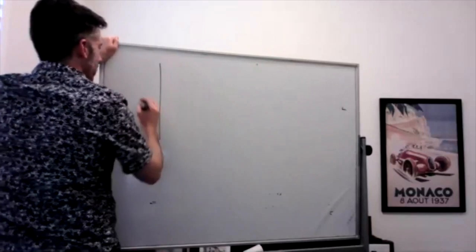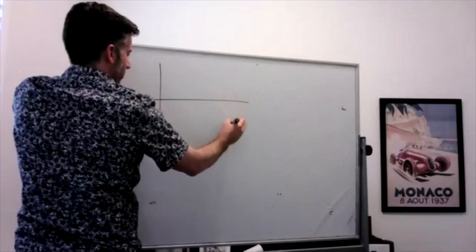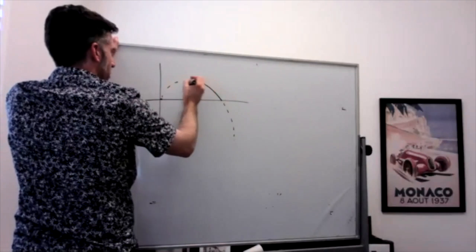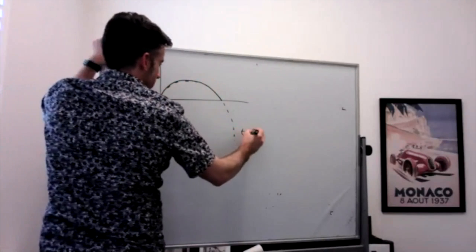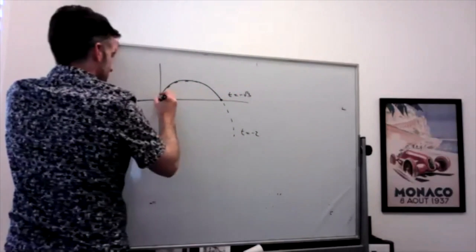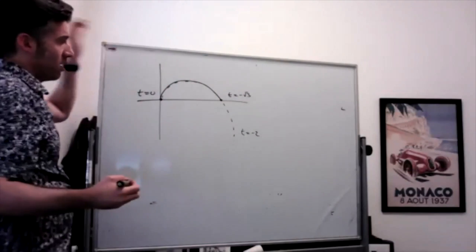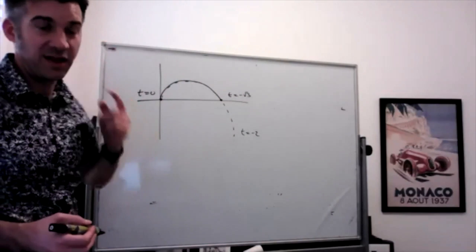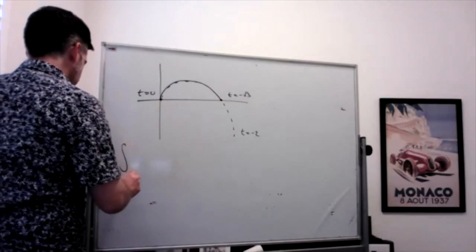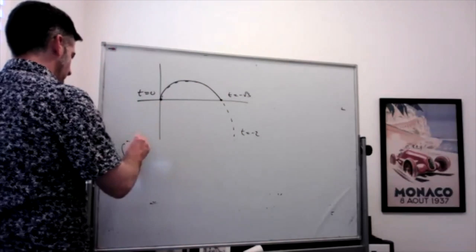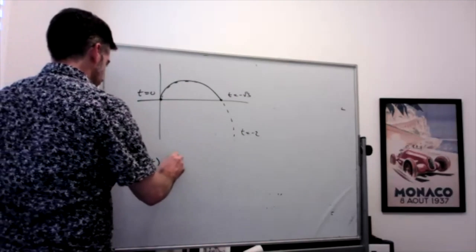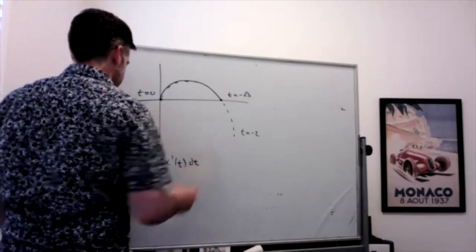So for this portion of the curve, when we go from t equals -√3 to t equals 0, we have to integrate from left to right, meaning we actually need to do the integral from 0 to -√3 of y of t times x prime of t dt.